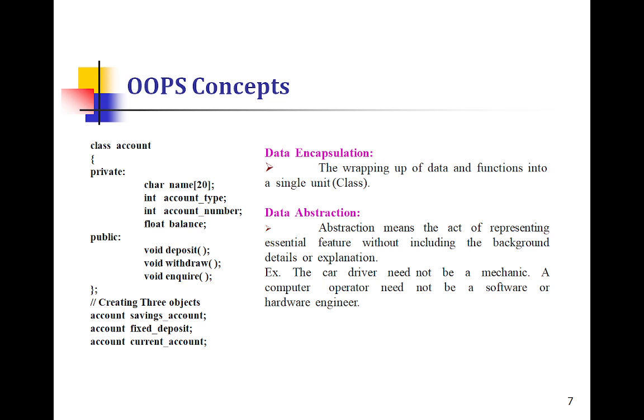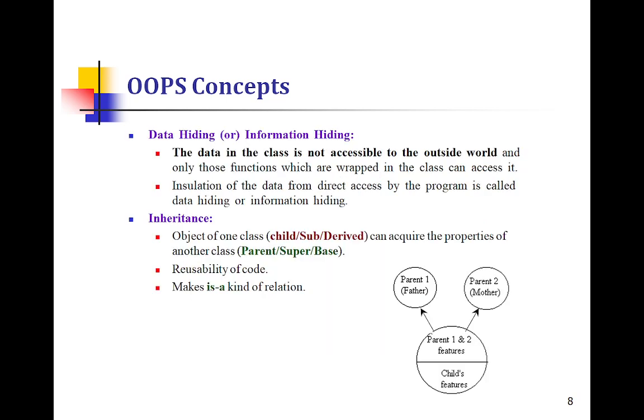So likewise, the filtering process has to be carried out, and such verification has to be done properly. So data abstraction means that only the essential features are taken. Okay, that is data abstraction. That is the first definition you have to say. Then after that you can give n number of examples during the interview process.